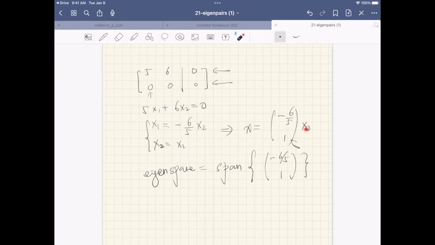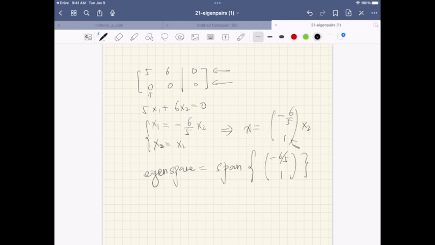If you take x2 equals 1, then this is an eigenvector. If you take x2 equals whatever you like, say 100, then you have another eigenvector. But different choices of x2 give eigenvectors with different lengths. Now you want to find an eigenvector with unit length, in other words, length 1.